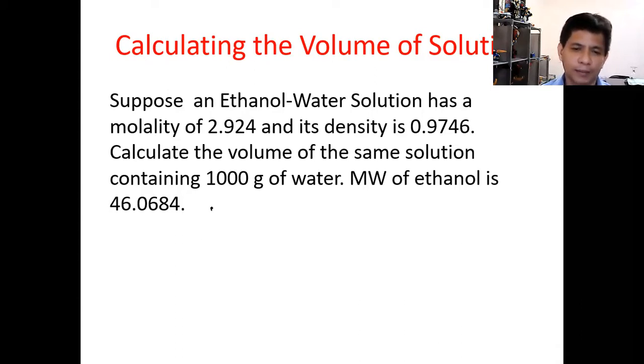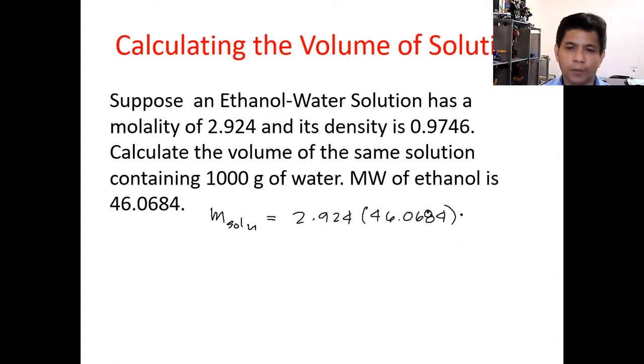So the mass of the solution is 2.924 times the molar weight of ethanol, which is 46.0684, and then we add the 1,000 grams of water. Okay.